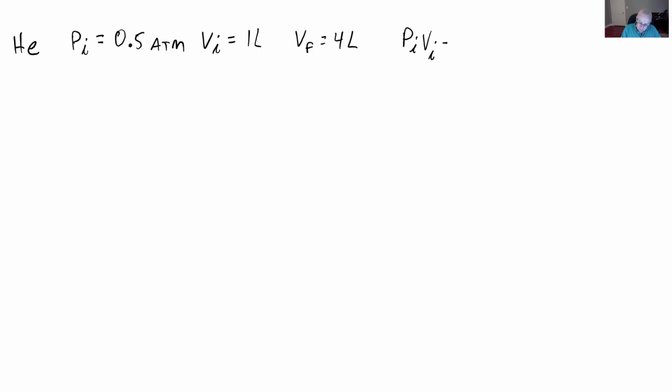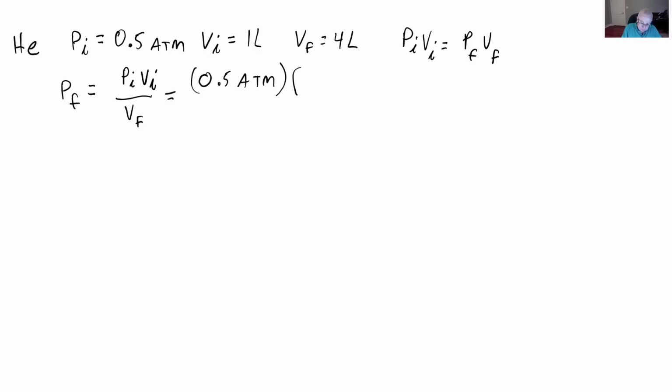So my equation said that PiVi was equal to PfVf, and I could have just used 1s and 2s. It doesn't really matter what I use for the labels. But that means my final pressure, which is going to be my partial pressure of the helium, is equal to the initial amounts, PiVi, over the final volume, Vf. So I'm going to get 0.5 atmospheres for the initial pressure, times the initial volume of 1 liter, over the final volume of 4 liters, and it's pretty obvious that I divided the pressure by 4, right?